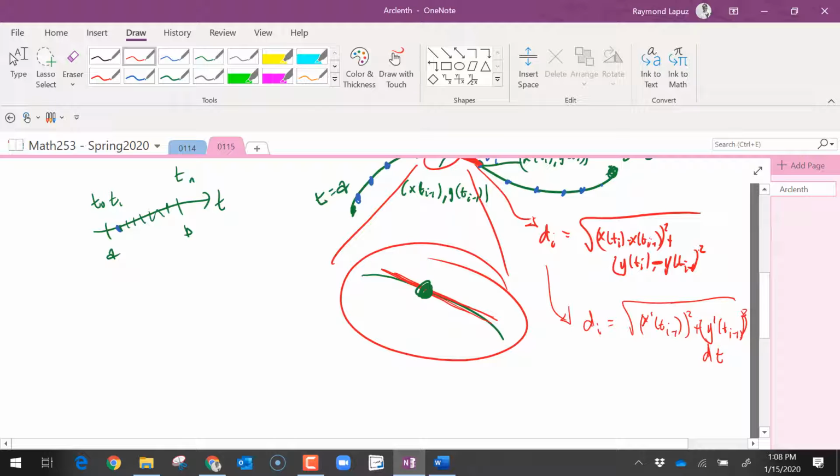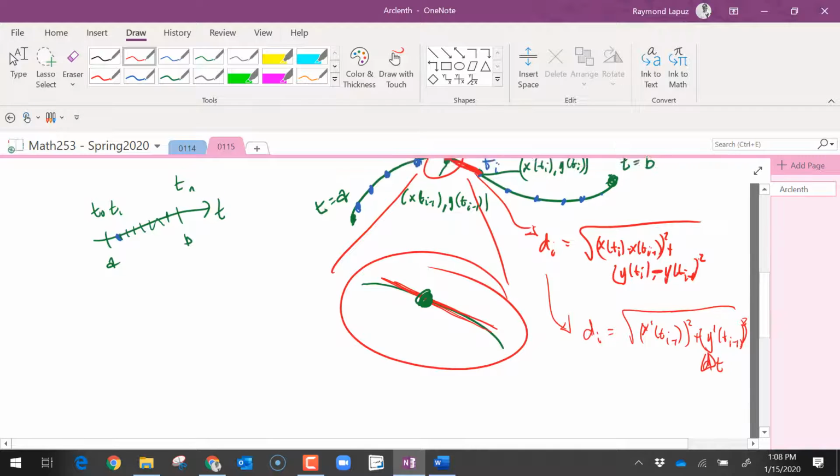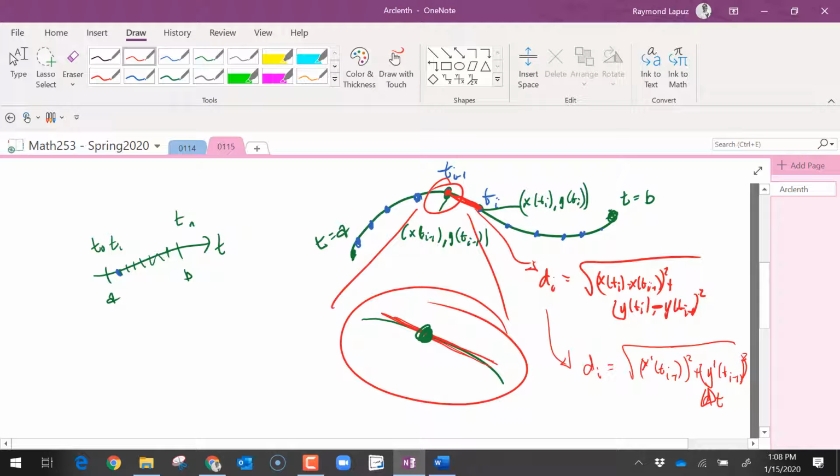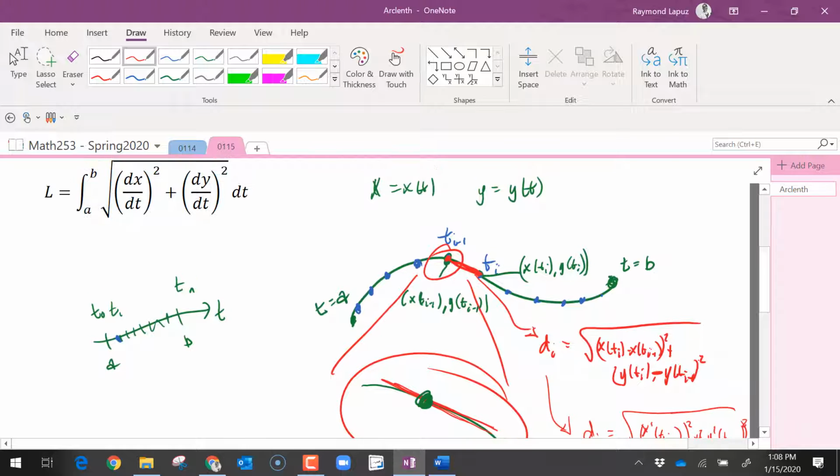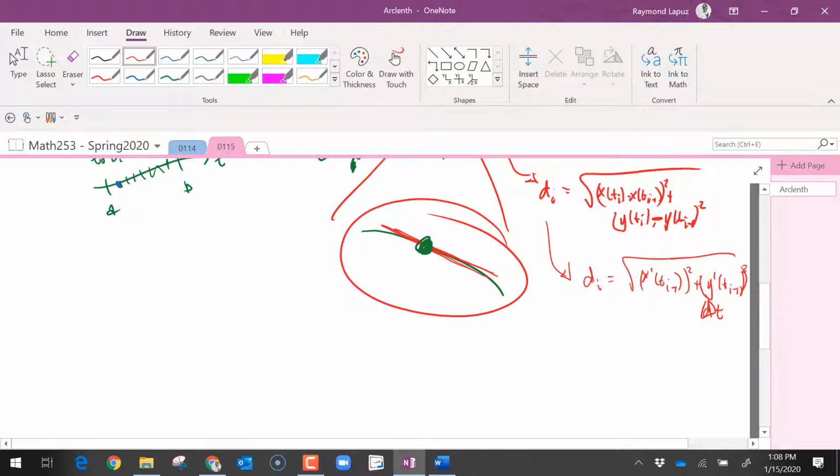And then there's a delta t measurement to tell you how much you're moving along the t. And so you put that in an integral, and then it becomes the formula that we just saw. So we add up all the arc lengths.